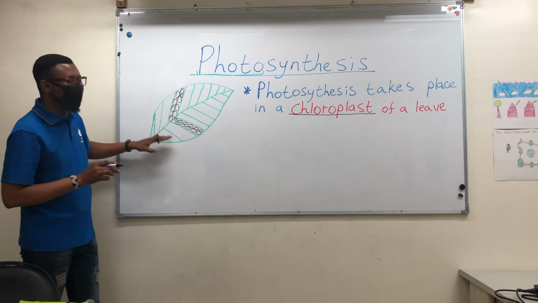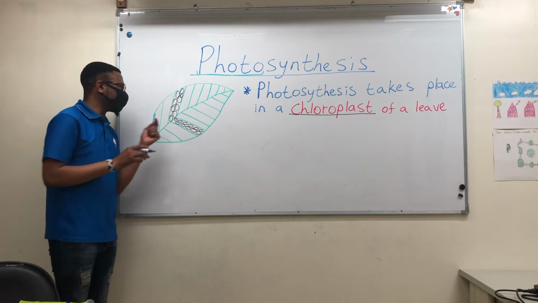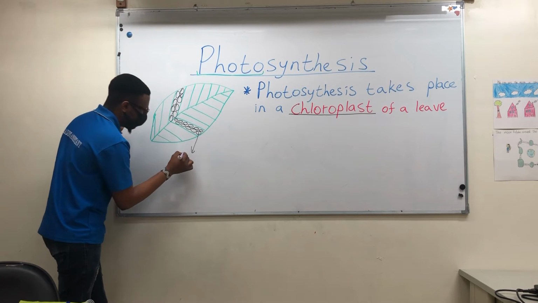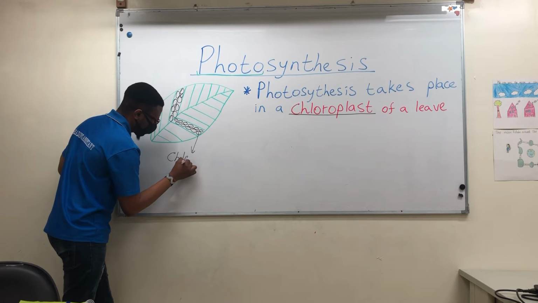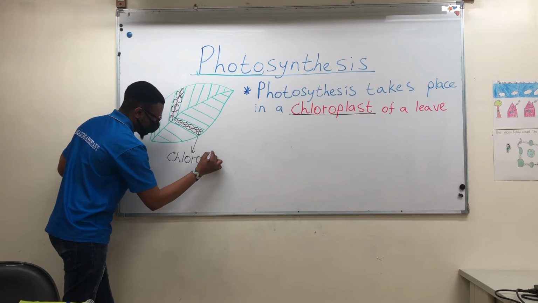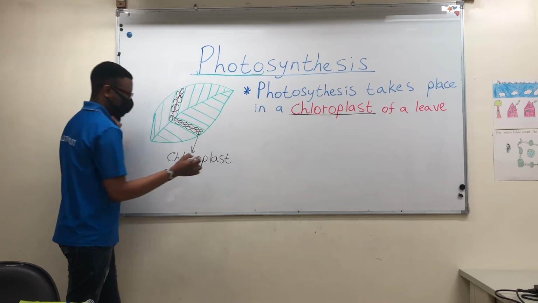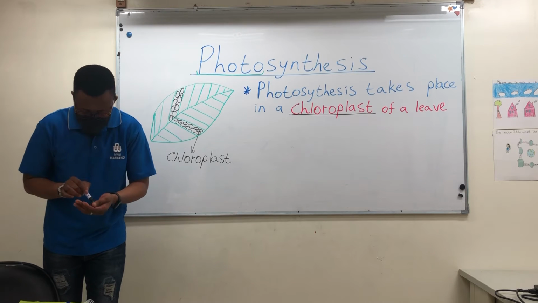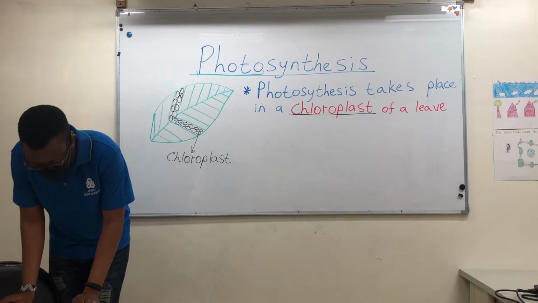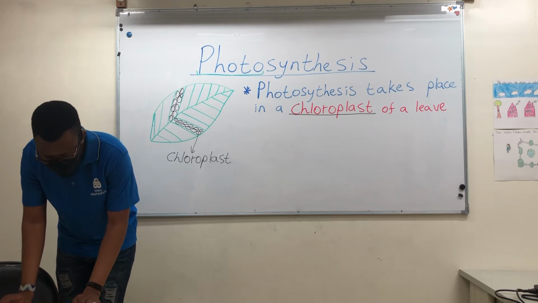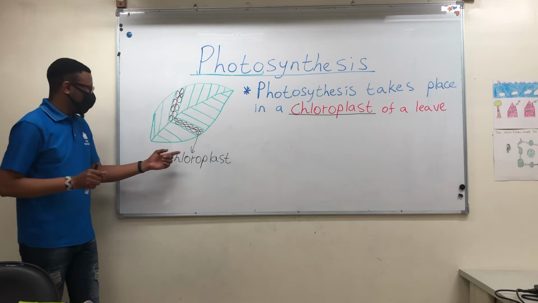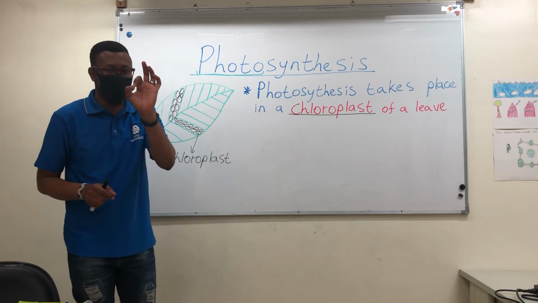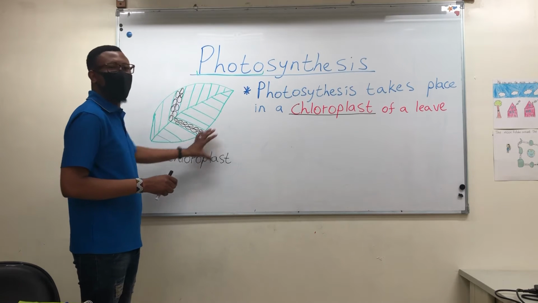All over the leaf has cells like this, and we call these cells chloroplasts. So that's where photosynthesis takes place. That is where plants make their food. It's very little, tiny cells that we find inside a leaf.